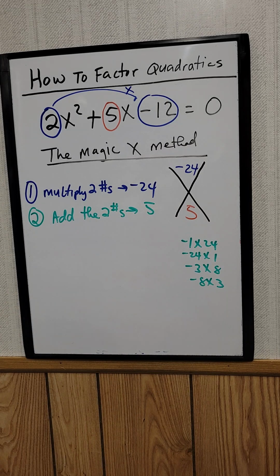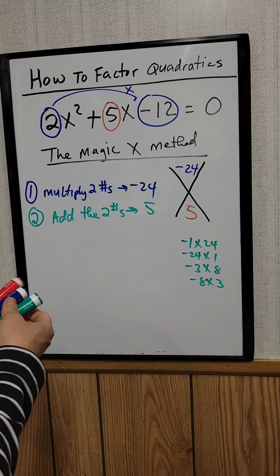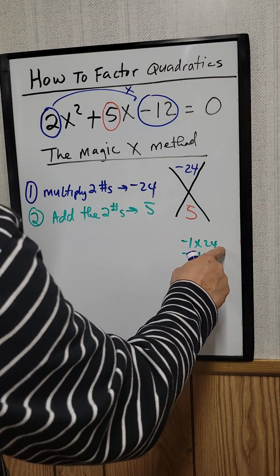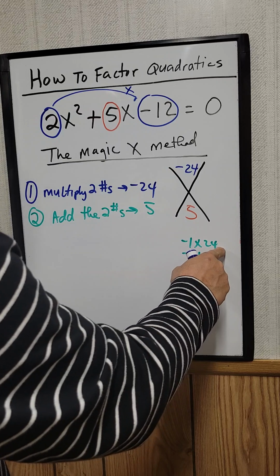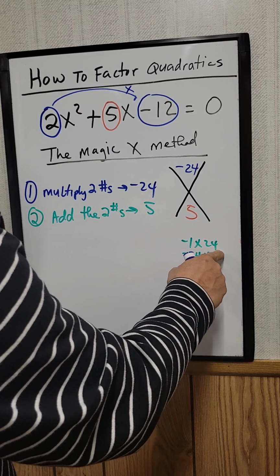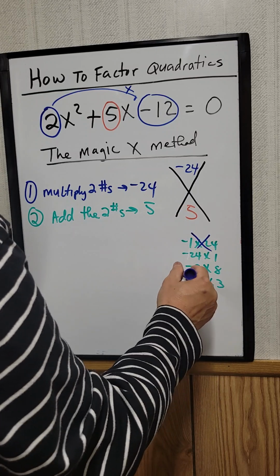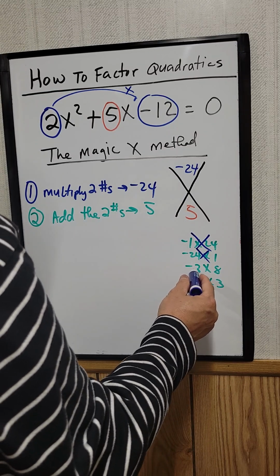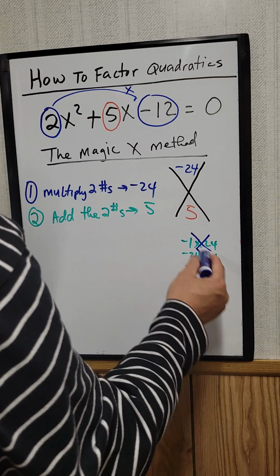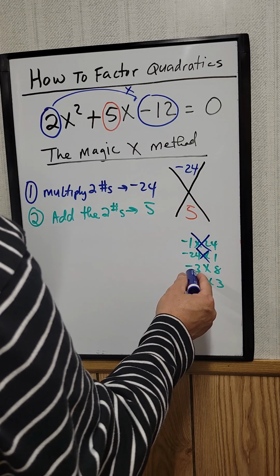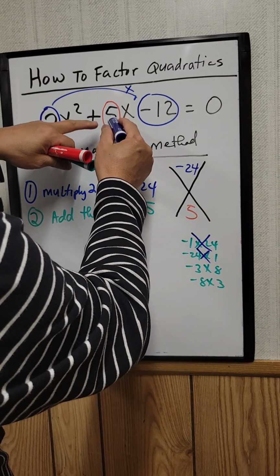So what are the two numbers? If you take negative 1 and 24, multiplying gives you negative 24, but if you add these two up, it gives you 23. So this one is no, and the second one is no too. How about the third one? Negative 3 times 8 will be negative 24, and if we add negative 3 plus 8, it gives us the 5.